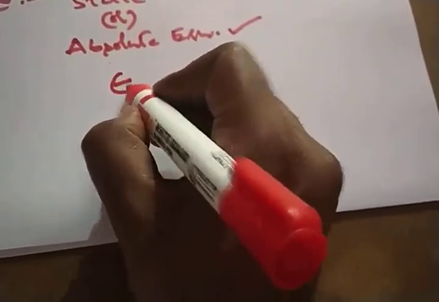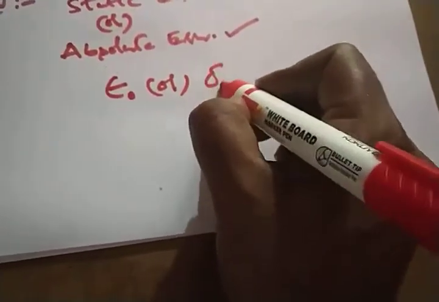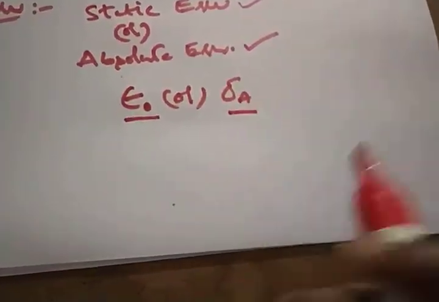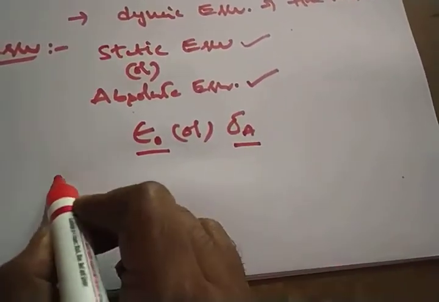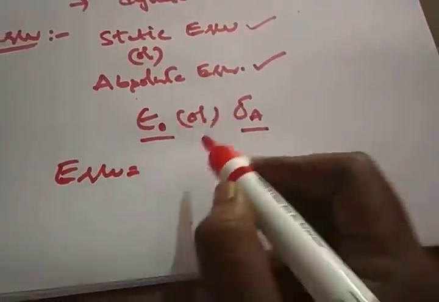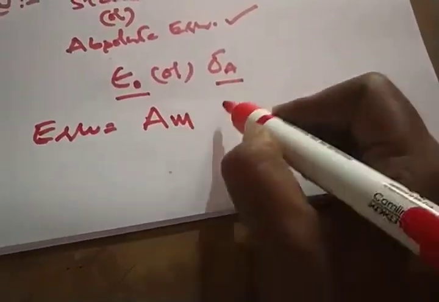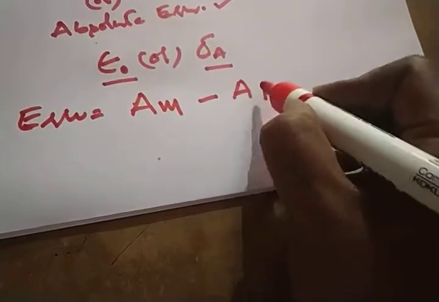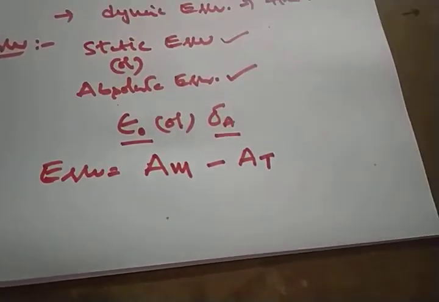It can be denoted by epsilon naught or delta A. What is meant by error? Error is the difference between the measured value and the true value.